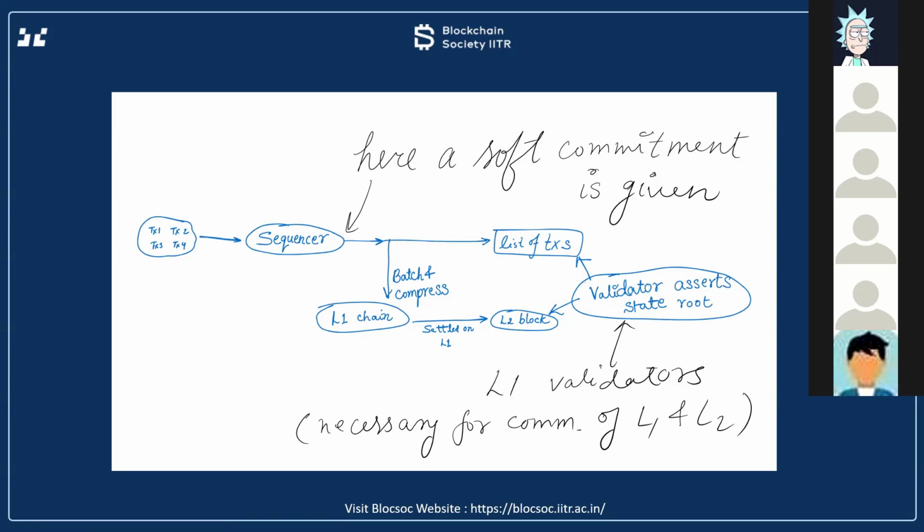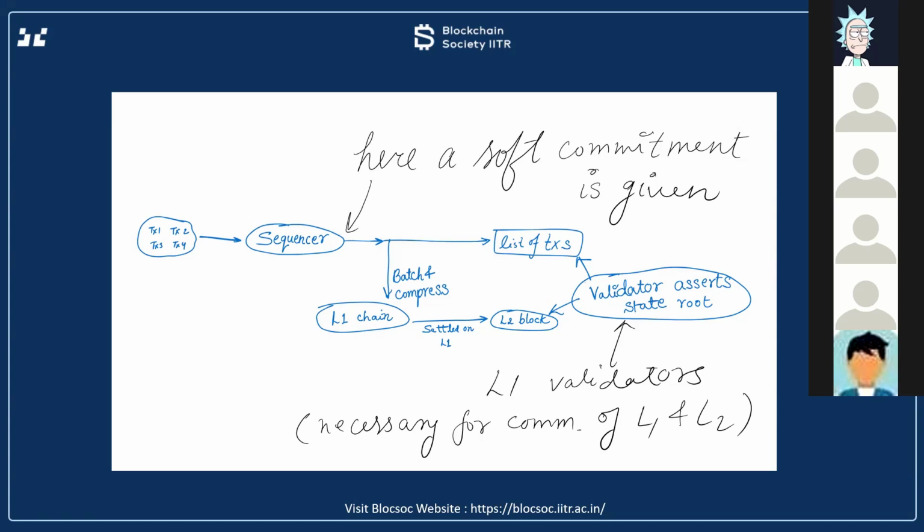But there is a special benefit of using sequencers. It can give us a soft commitment before the transaction is even accepted on layer 1. That is because it has the permission to include transactions and execute them on layer 2, not on L1.